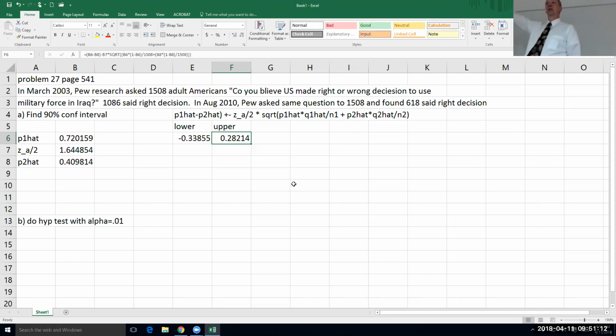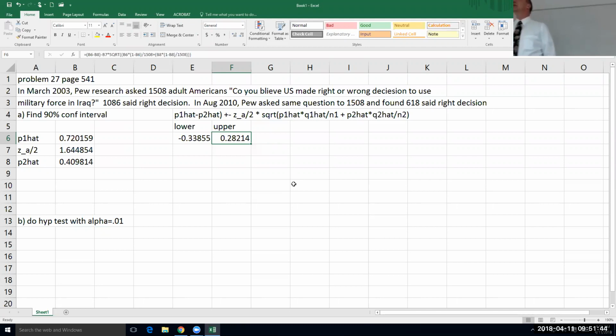Because 0 is in your interval. We're saying, oh, well, it's between negative 34% difference and positive 28% difference. I can't tell if there's a difference. Now, clearly, you wouldn't have that kind of a difference. More than likely, it would be between negative, say, 0.05% and positive 10%. In that case, you'd say there's not a significant difference in opinion because 0 is in the interval.